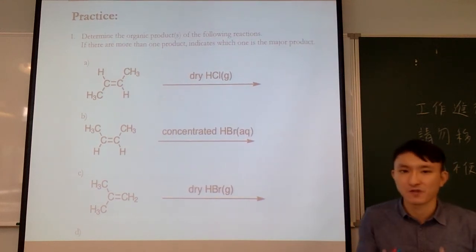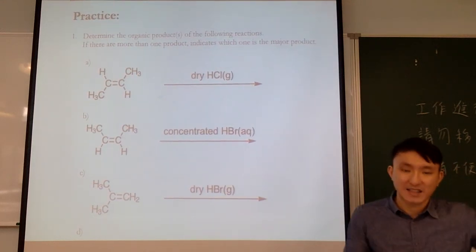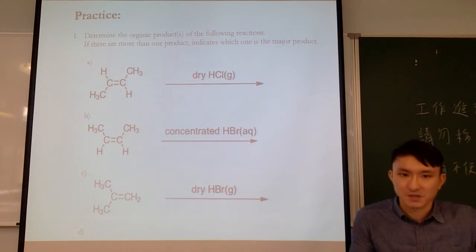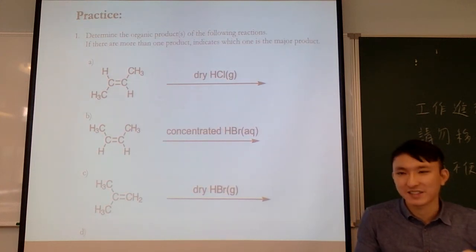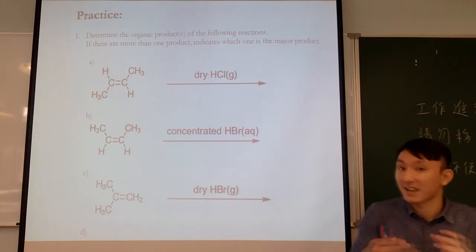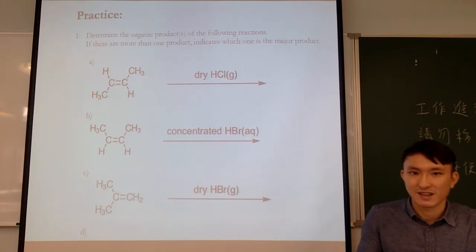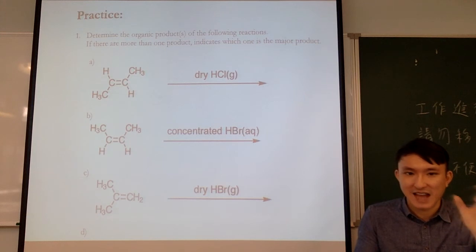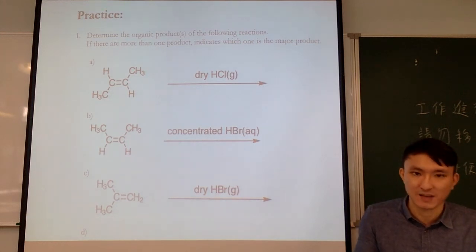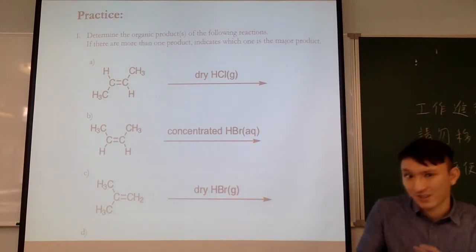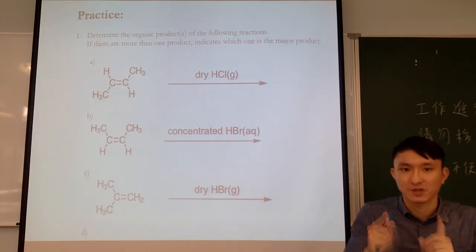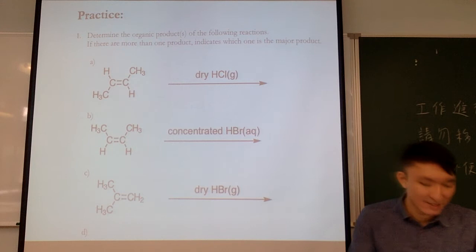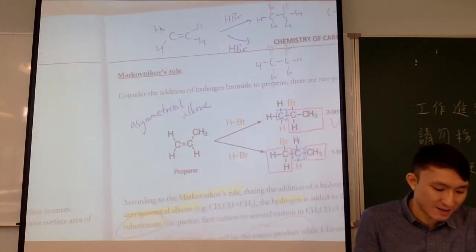Remember, Markovnikov rule: hydrogen is added to the less substituted carbon. In fact, you may also think about it from another perspective. If the hydrogen atom is added to the less substituted carbon, in other words, the halogen will be added to the more substituted carbon. Let me flip it and show you.